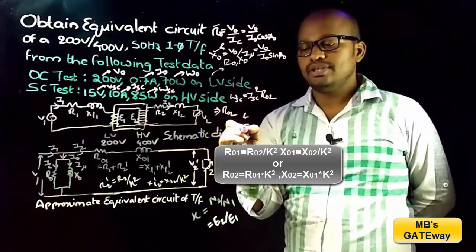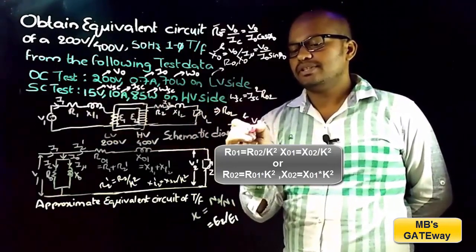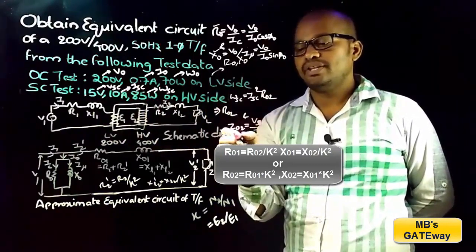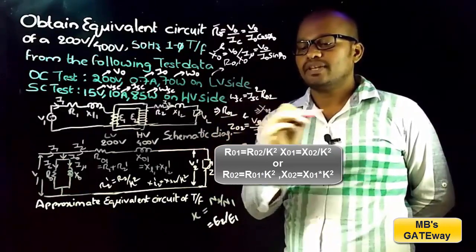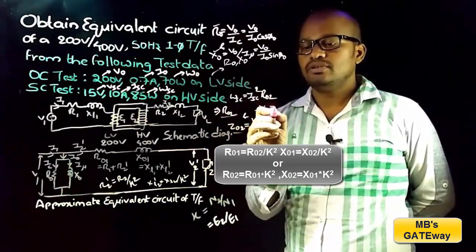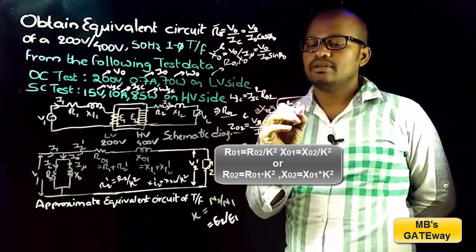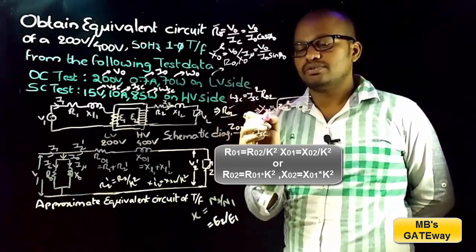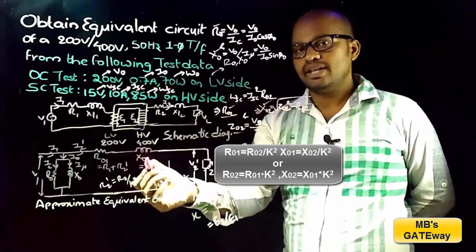and Z02 is the ratio of voltmeter reading VSC and ammeter reading ISC. So now after finding Z02 and R02, we can find X02, which is equal to the root over Z02 square minus R02 square. So after obtaining R02 and X02, we need to find R01 and X01.